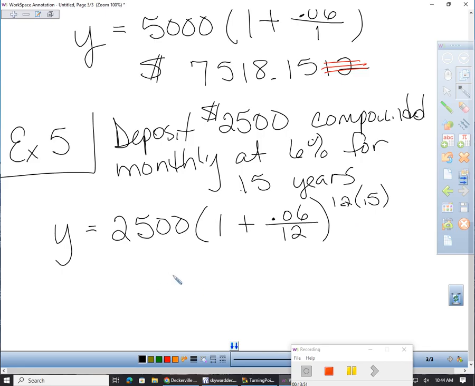So check and make sure you type it in correctly. You should get, Ashton, you should get $6,135.23. So try typing it in again if you didn't get that.